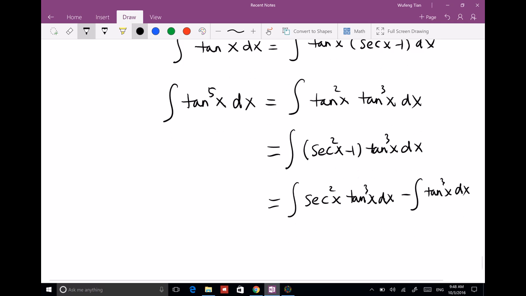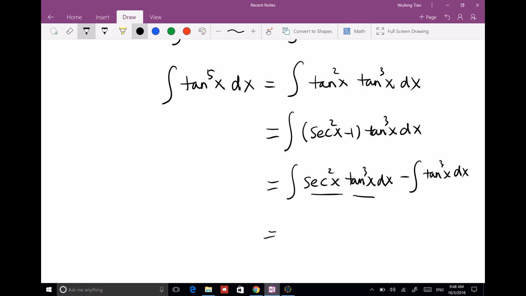You see, here I have a secant, I take a secant out. I can continue to make another secant out here. So this one, I have secant squared here, so it's tangent x cubed d of tangent, which is perfect. This one, I continue to make another secant out, and you can make this one as secant x squared minus 1 times tangent x dx.